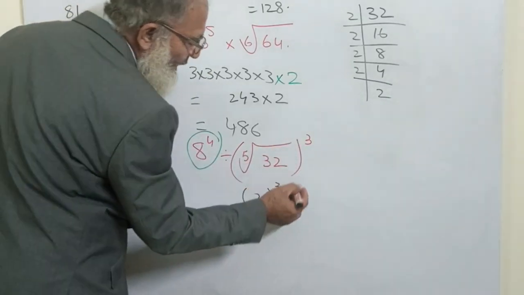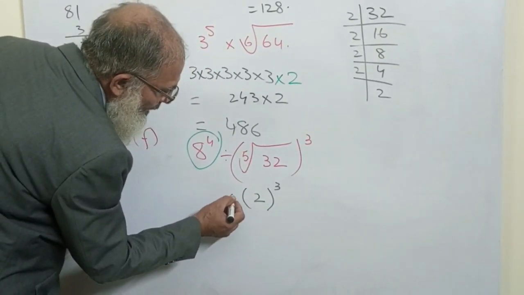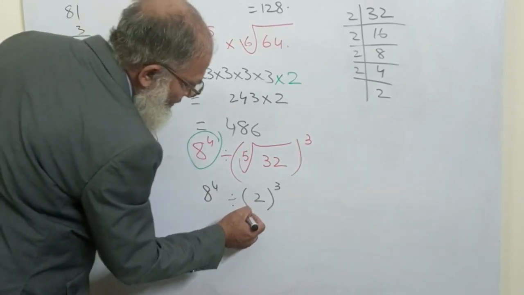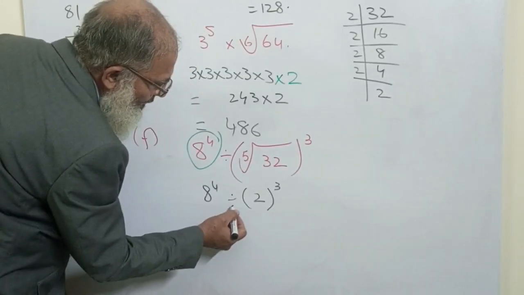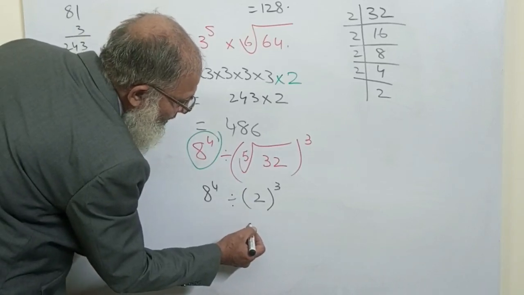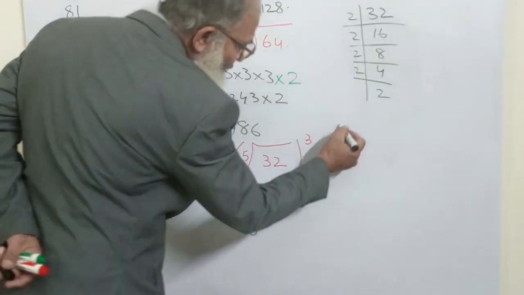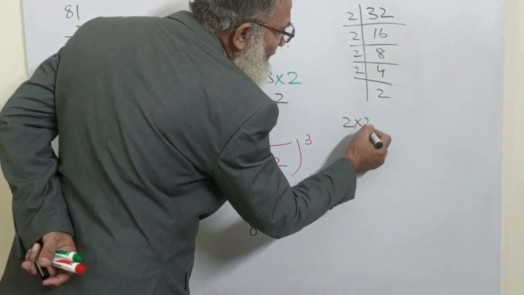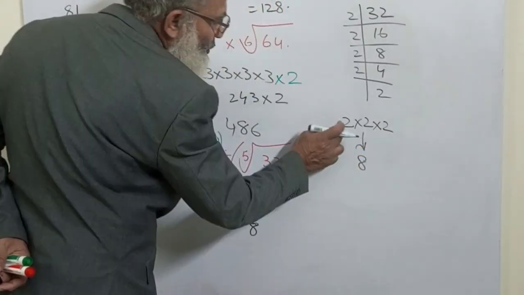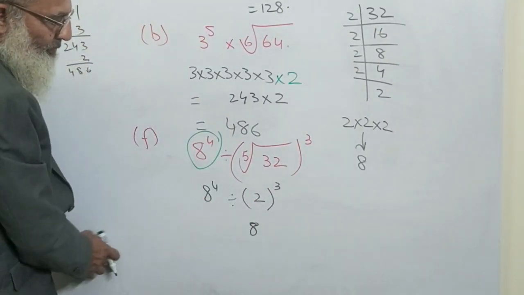So again, what I have to do is like this. 2, it becomes 8, because this 2 stands for 8. 2 multiplied to 4, 4 multiplied to 8. So I have written 8 over.